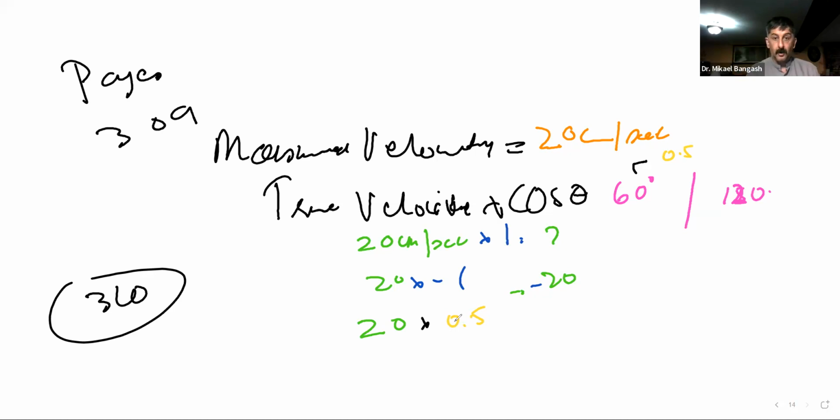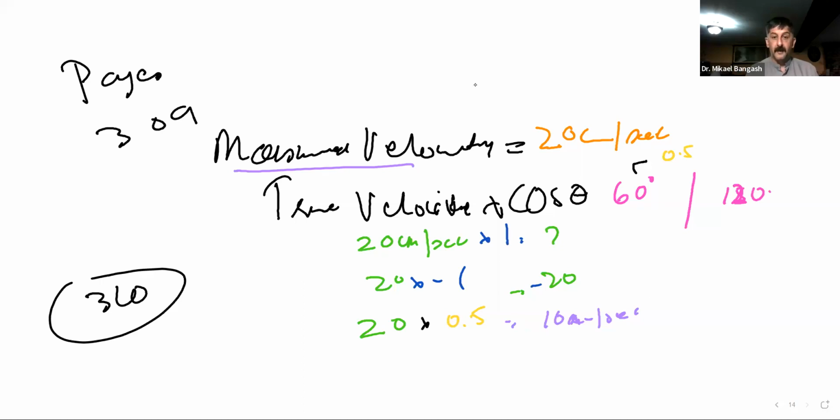That is going to give us our measured velocity. Now, 0.5 is the same as saying half. So your measured velocity is going to be 10 centimeters per second.